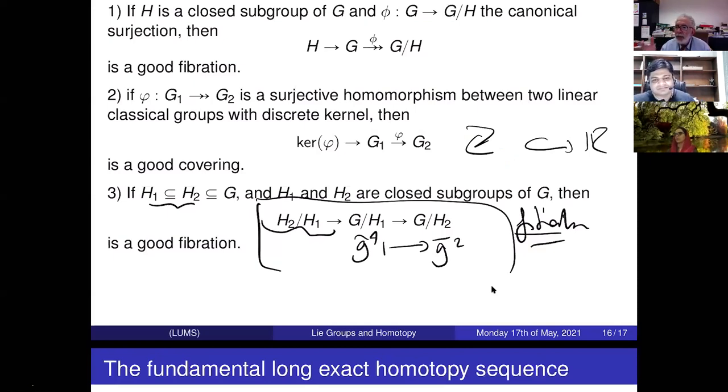So a discrete subgroup is always closed, and if we have a discrete subgroup as a kernel, we have here a nice fibration.